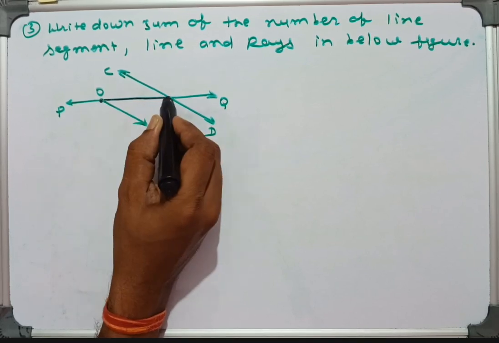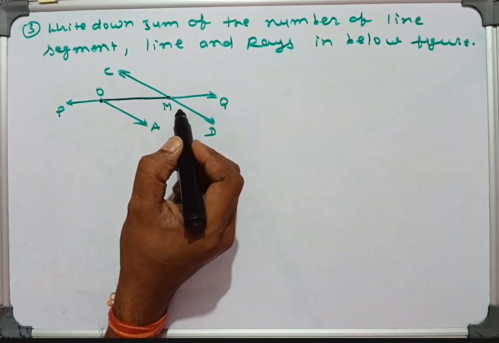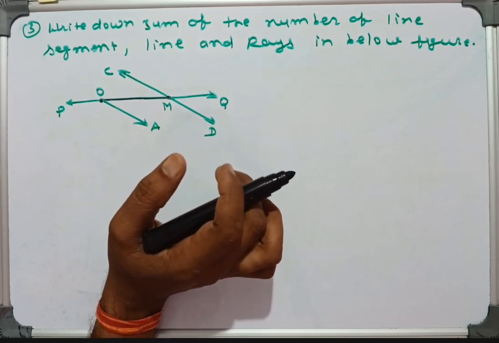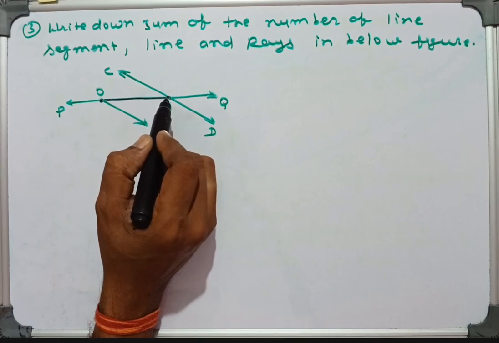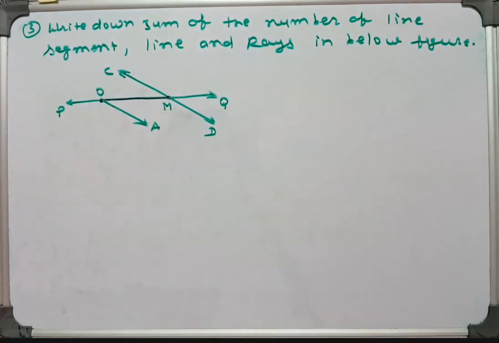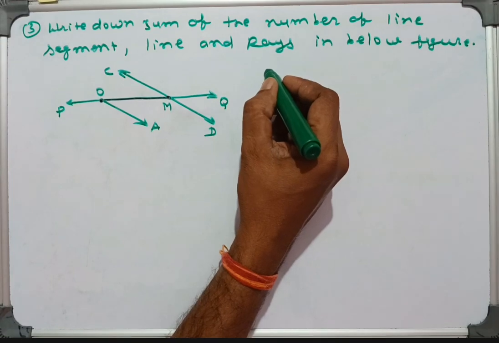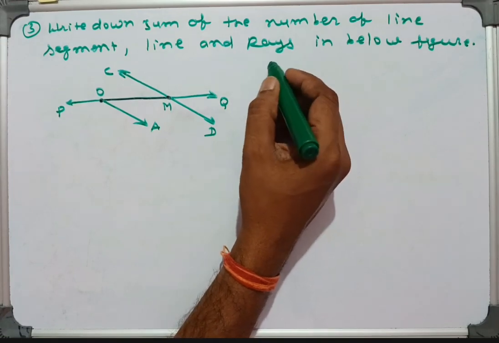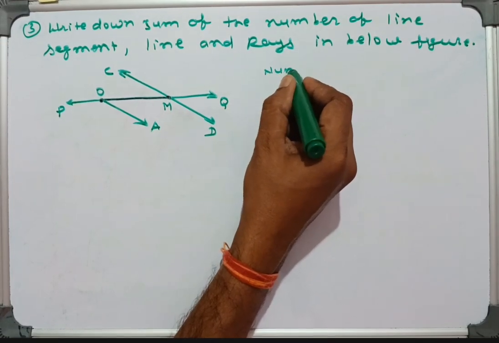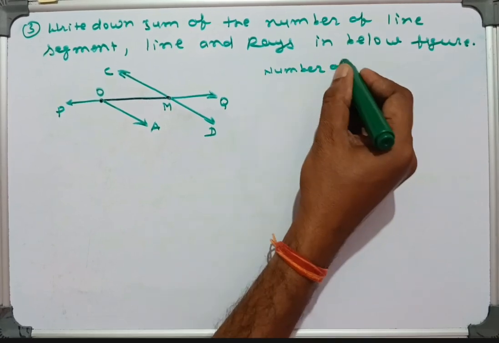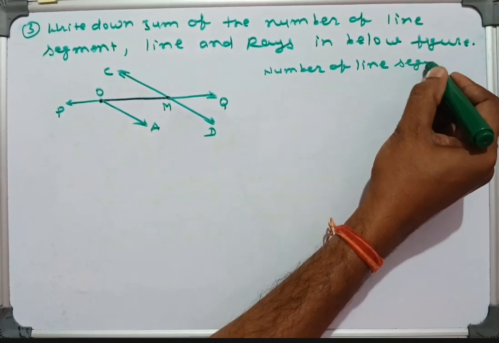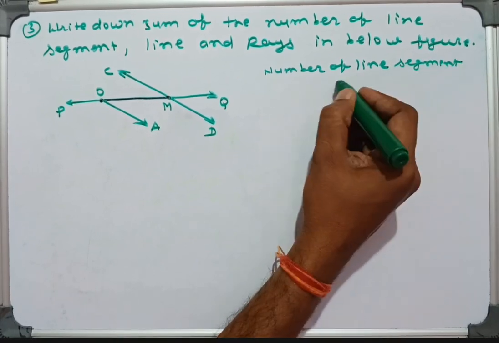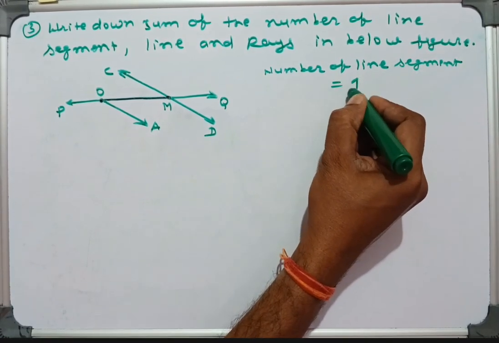Here O and M are the 2 fixed points and the length is also fixed. So OM is a line segment here. Now the answer for the line segment: number of line segments is equal to 1.